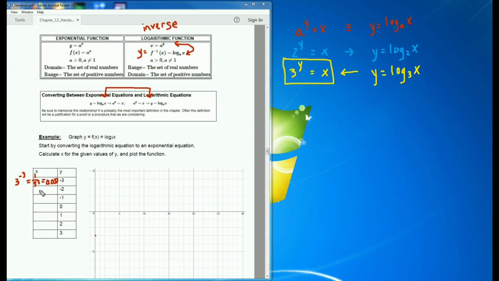All right, so let's see. If y is negative 2, then x is 3 raised to the negative 2, or 1 over 3 to the positive 2, which is 1 over 9, in decimal form 0.111. I'm still really close to 0 here, and then we go down to negative 2, about here.